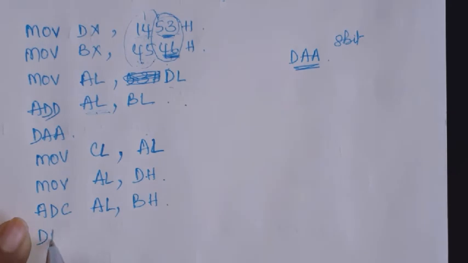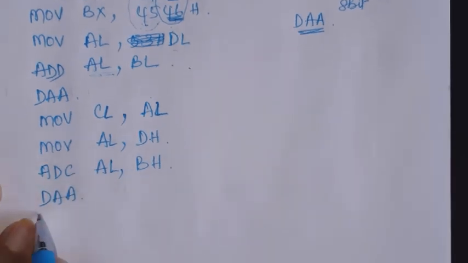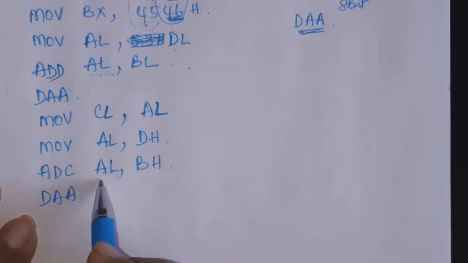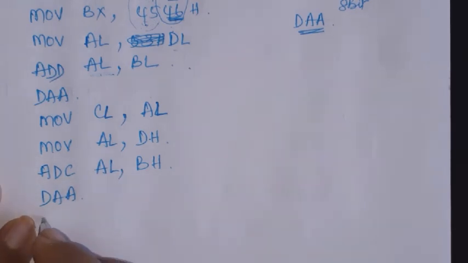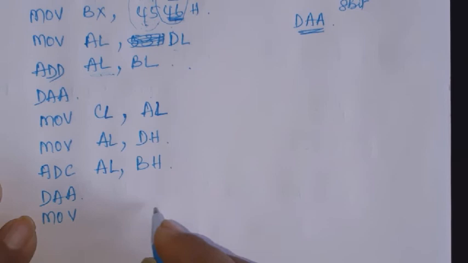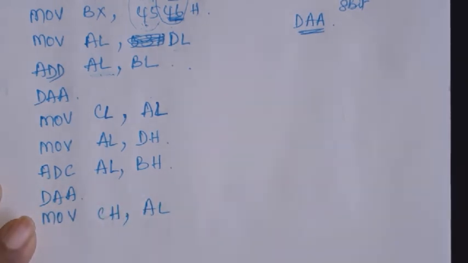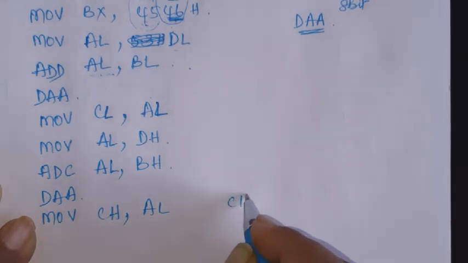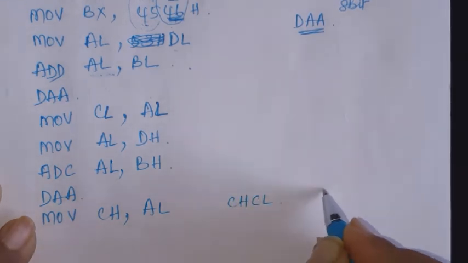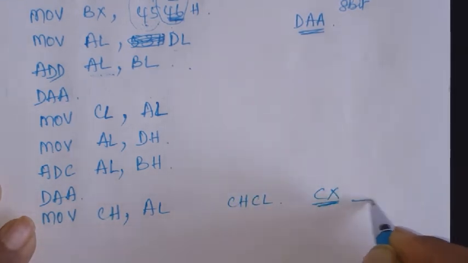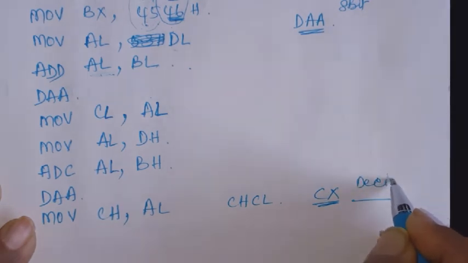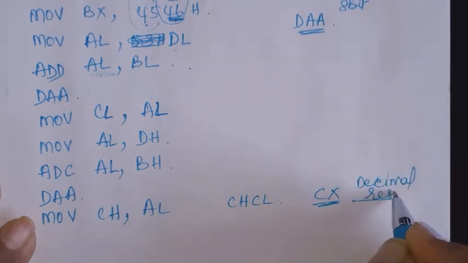Adjust this to decimal with DAA. Okay, adjusted. Now the result will be in the AL register. So move AL to CH. Now CH CL, that means the CX register, is holding the decimal result, isn't it?